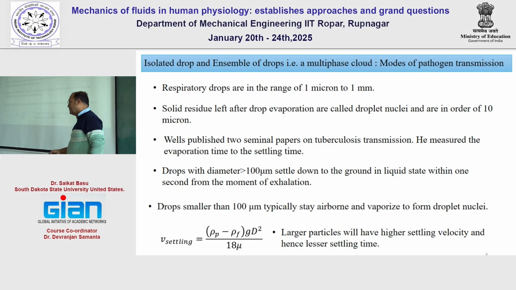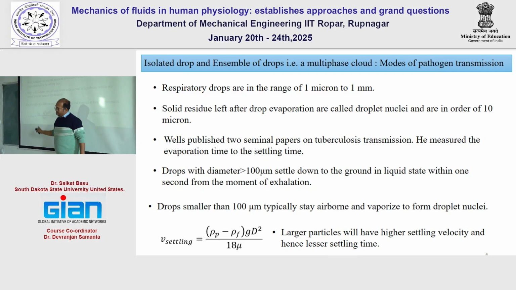So when these small droplets evaporate, only the solid residue, the droplet nucleus, goes up. One more thing: in our derivations we assume that rho_p is much greater than rho_f, where rho_f is basically the air density, so rho_f is negligible.